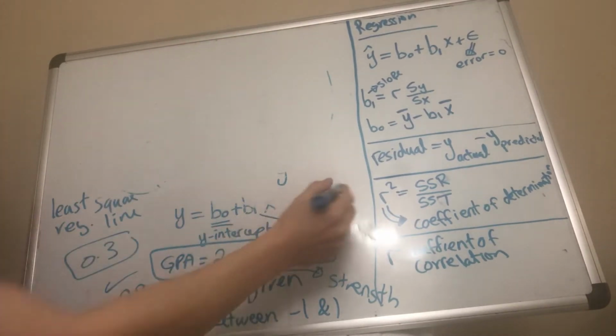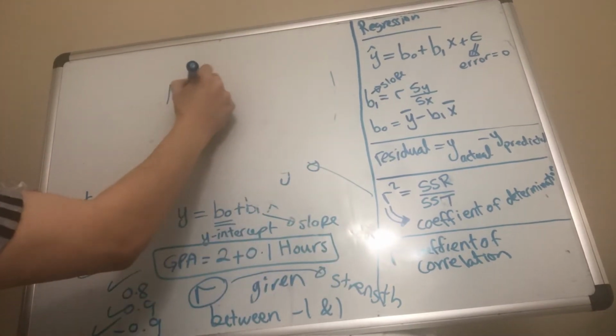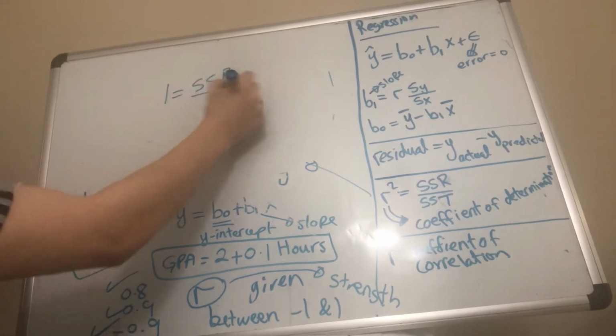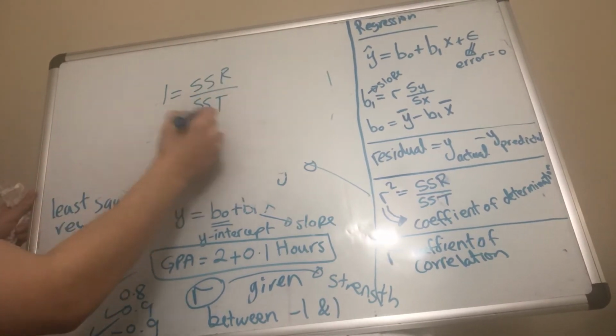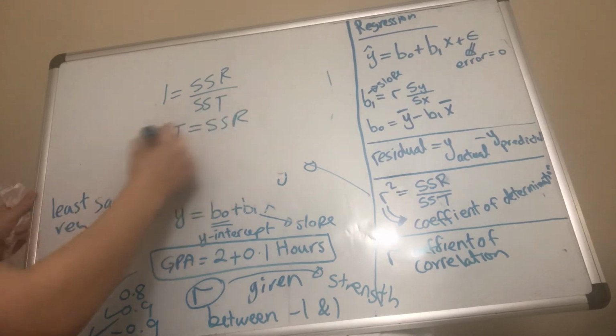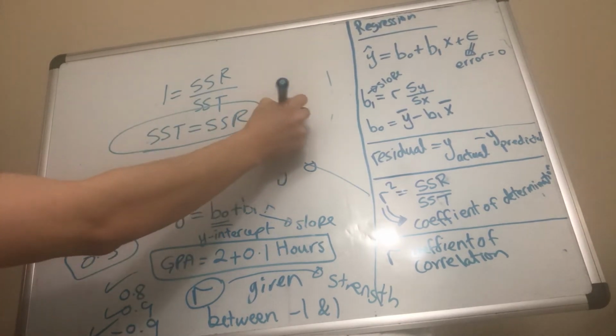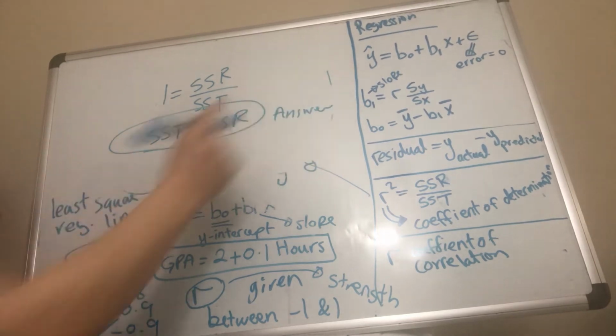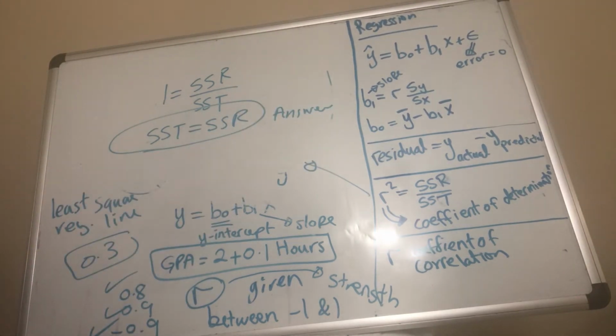So if R squared is 1, then 1 equals SSR over SST. If we cross multiply, both are equal. So your answer would be that SSR must equal SST in this case.